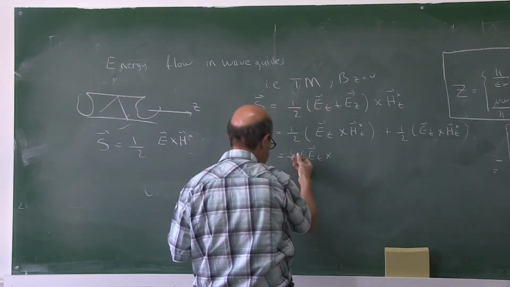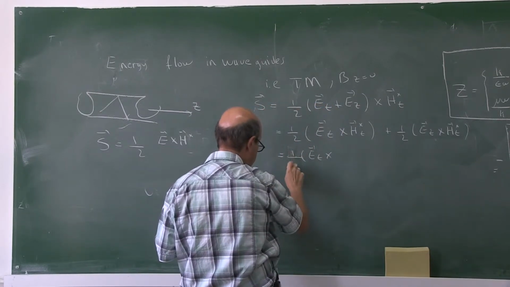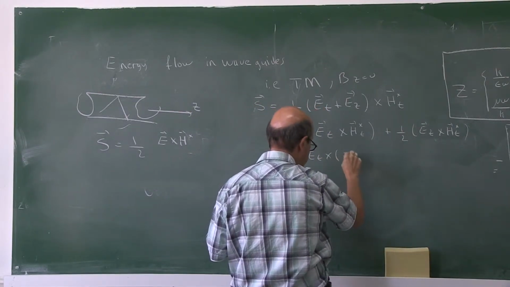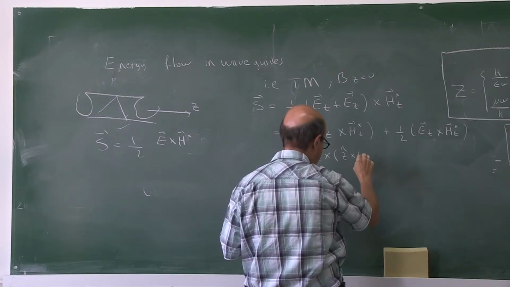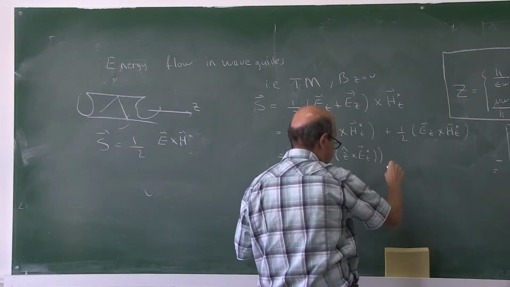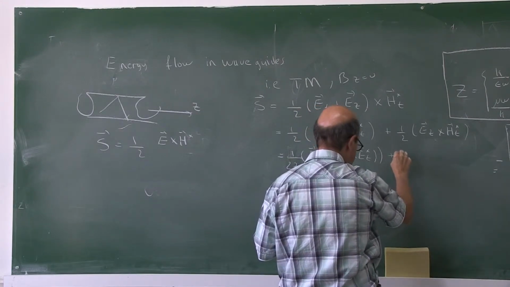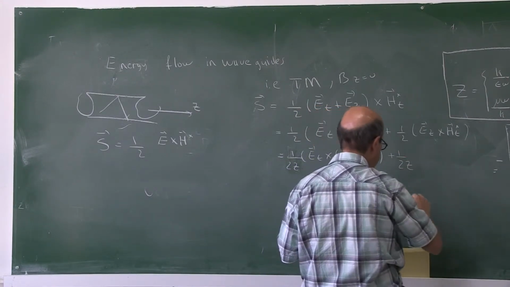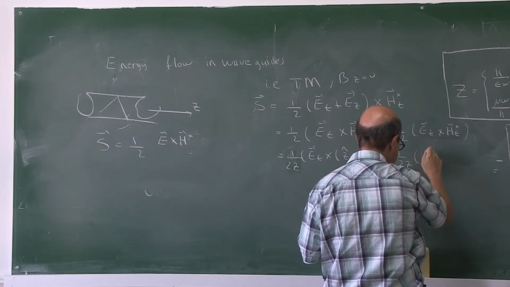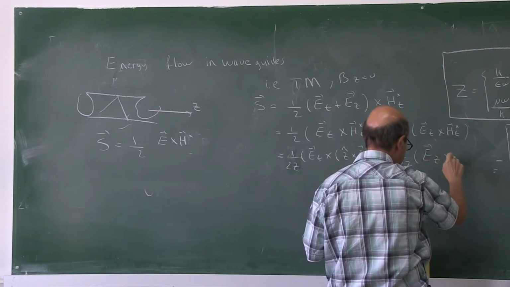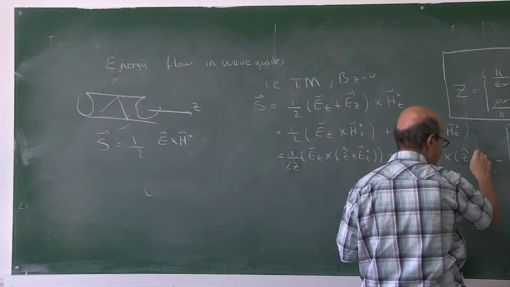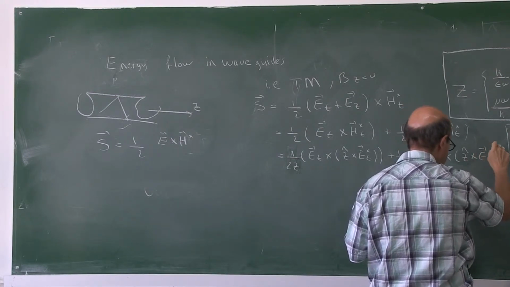So let me write the wave impedance here, and the leftover is z cross E transverse complex conjugate, and the other 1/2 of the impedance of the wave, and Ez cross H transverse complex conjugate, that is z cross E transverse complex conjugate.